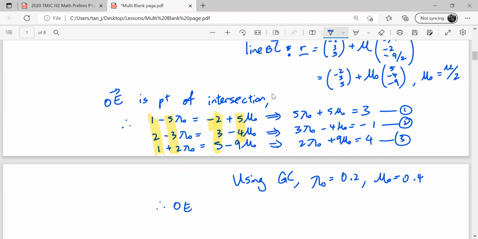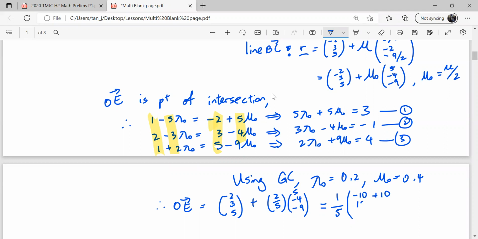So now we will use mu naught. Therefore, OE equals (-2, 3, 5) plus 2/5 of (5, -4, -9). Okay, we just solve for this. I can take out 1/5 to make it easy. Minus 10 plus 10.